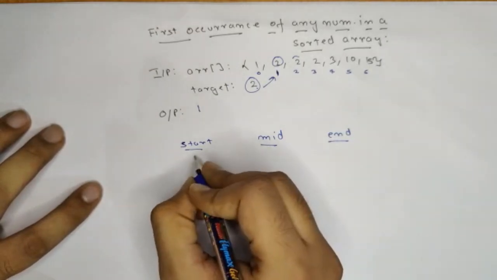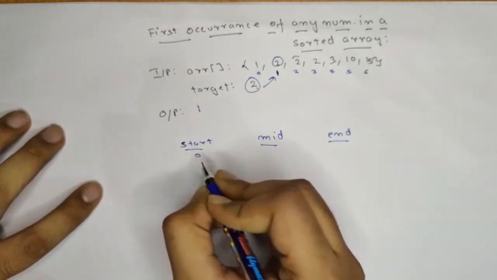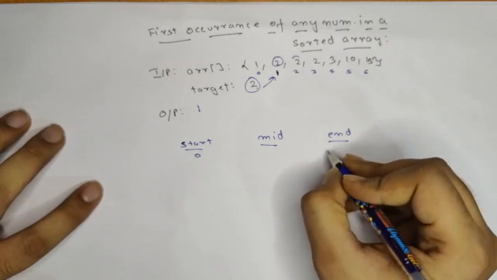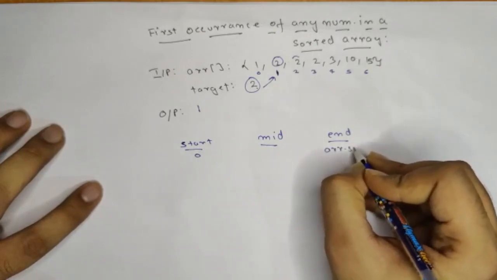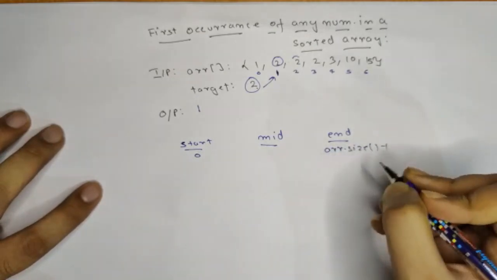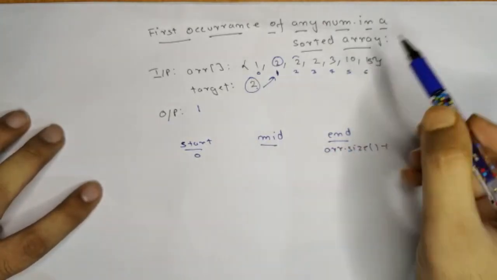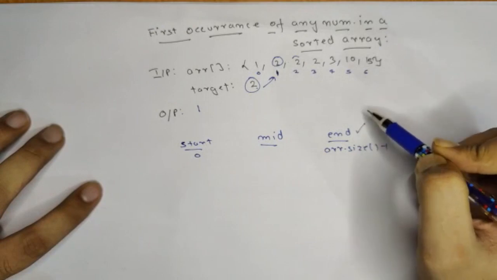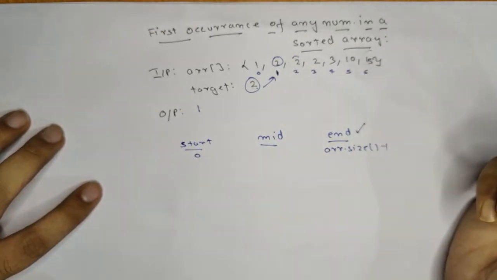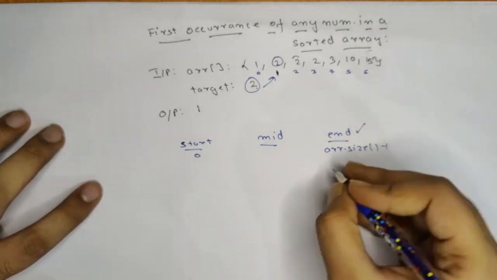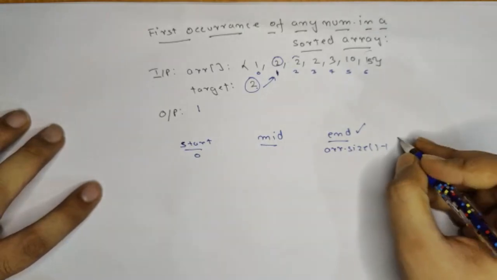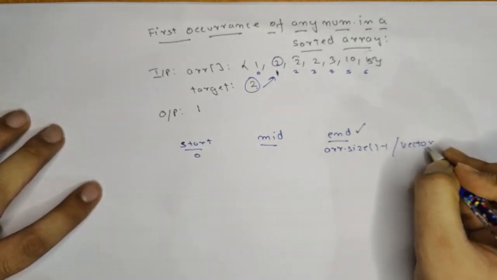Initially we initialize start with 0 and end with array dot size minus 1. Whatever array is given, we initialize end with the last index of that array, that is array dot size minus 1 if we are using a vector.